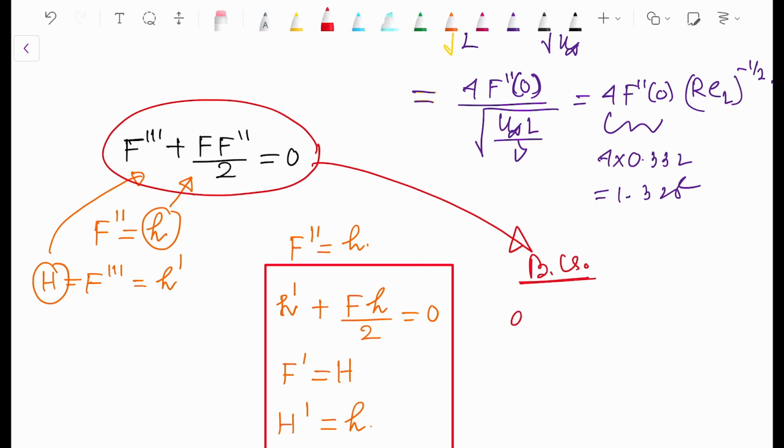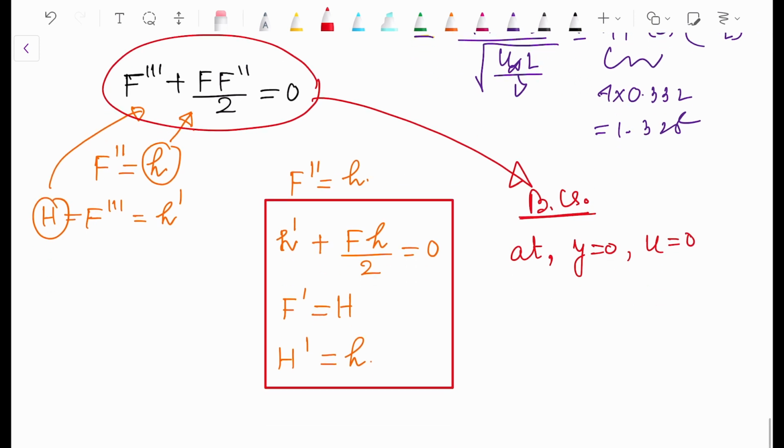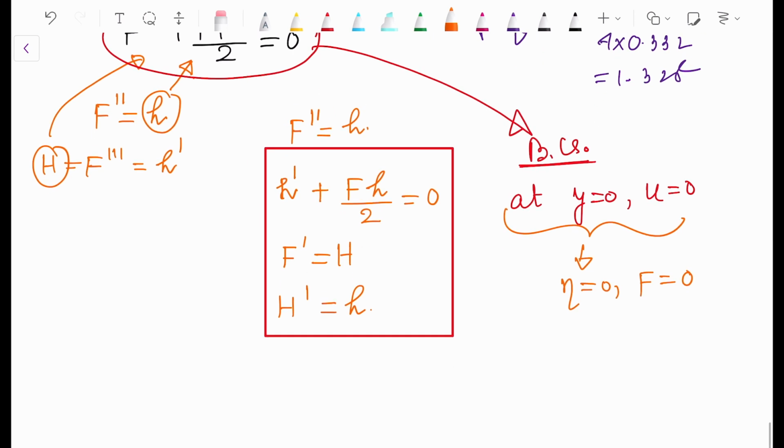At y equal to 0, I have no slip, that is u equal to 0. This boils down to, at y equal to 0 meaning eta equal to 0, small f equal to 0, and f dash equal to 0.